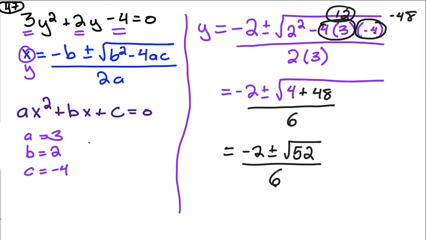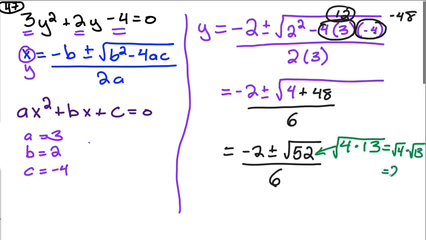Okay, so now the next thing we need to do is simplify this radical. So notice that 52 is equal to 4 times 13. And so the square root of 4 times 13 is equal to the square root of 4 times the square root of 13.